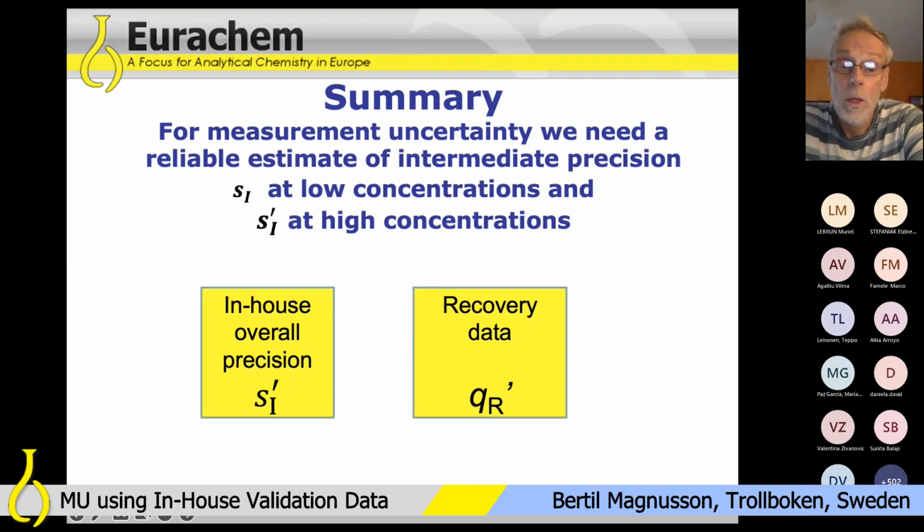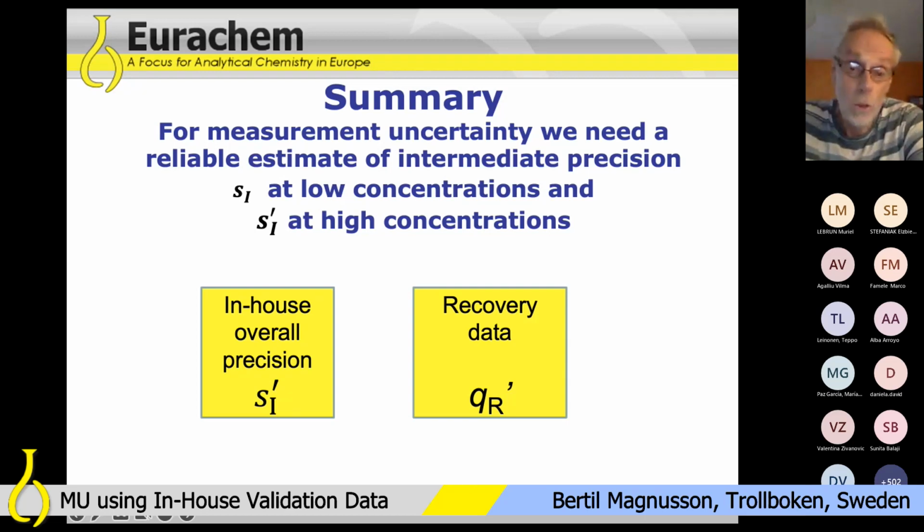Just a final remark is that now I come up with an estimate of the intermediate precision. But sometimes I don't use that in my control. I use wider control limits in my control chart. This you have to bear in mind when you do the uncertainty calculation.